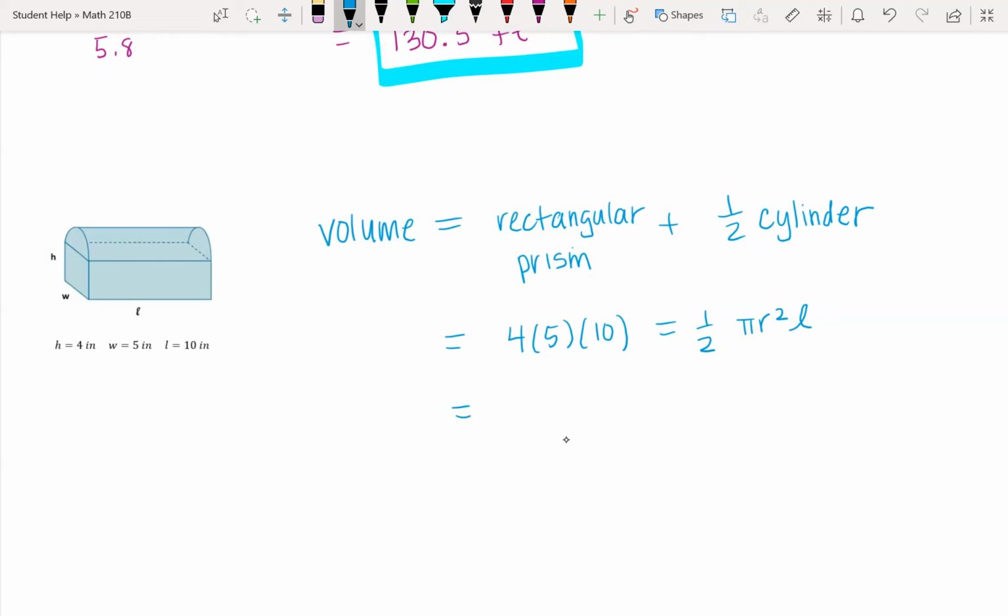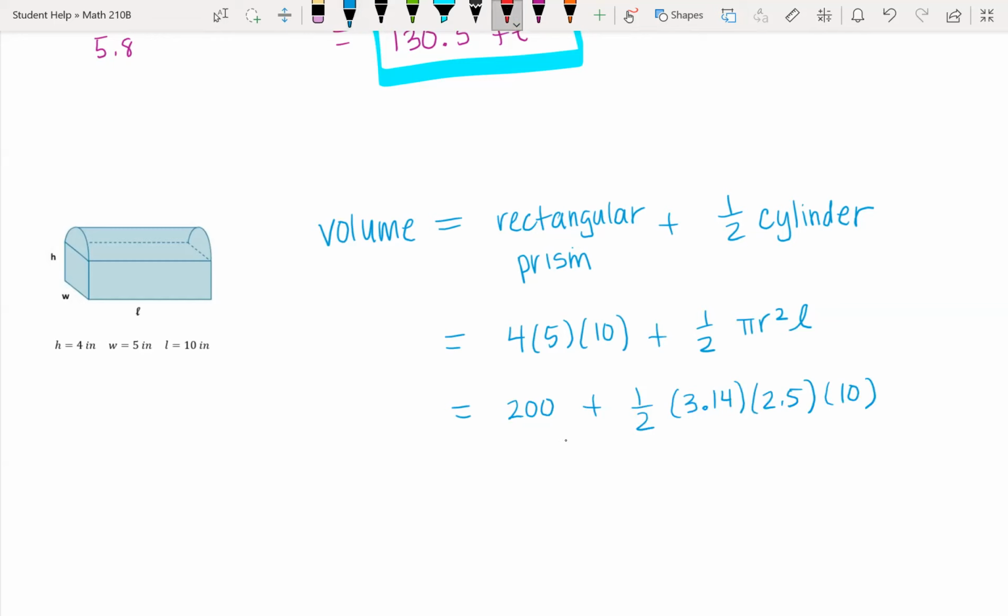So this will be 200, oops, that should be a plus, 1/2 times 3.14. The radius here is going to be 2.5, and L is 10.